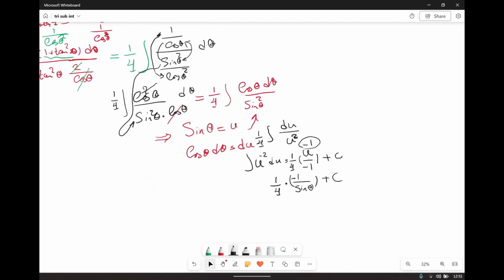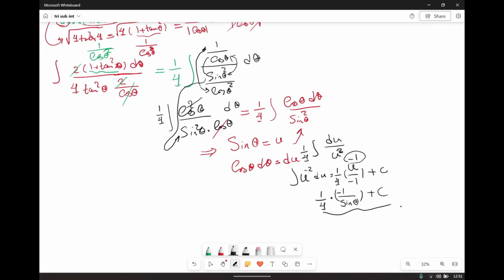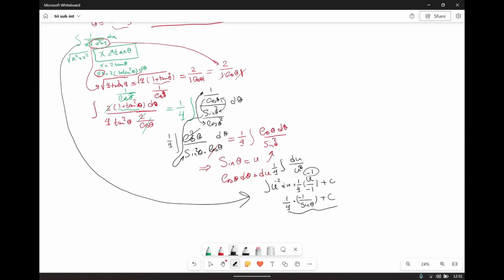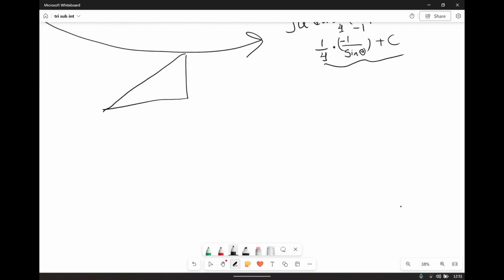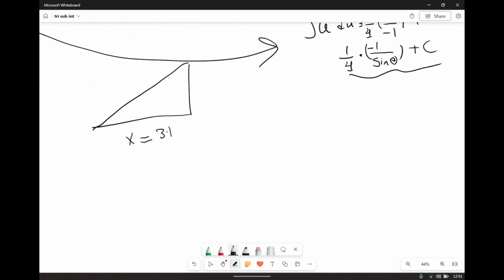No, not at all, because we achieved something with respect to theta. We are going to calculate and obtain it in x. Right now we must use a triangle. In the triangle we suppose x equals 2 tangent theta, so x over 2 is tangent theta, which is opposite to adjacent, and the hypotenuse is radical 4 plus x squared.